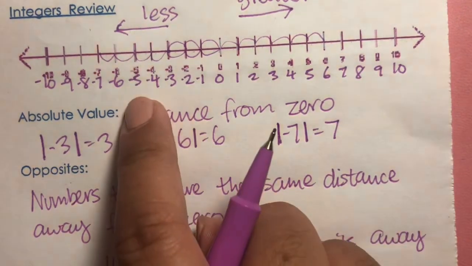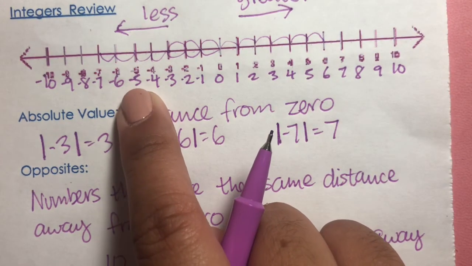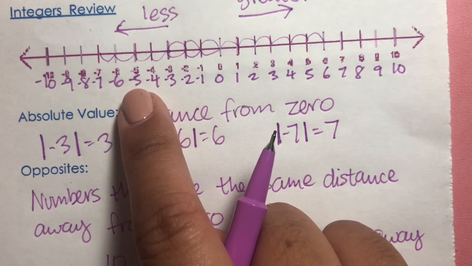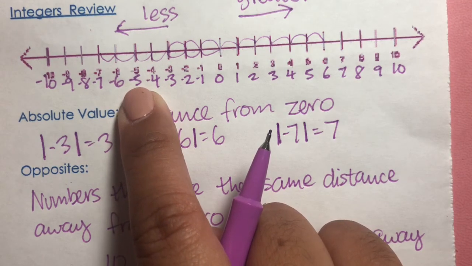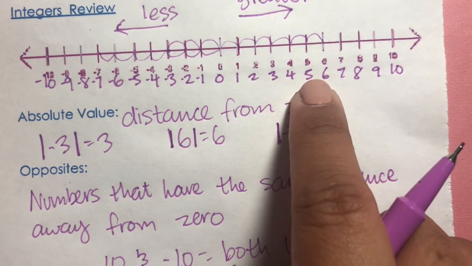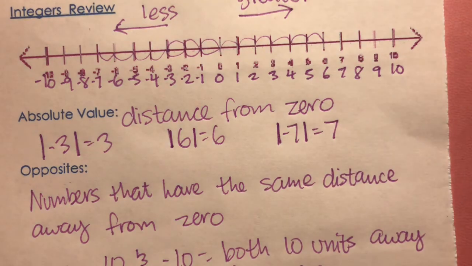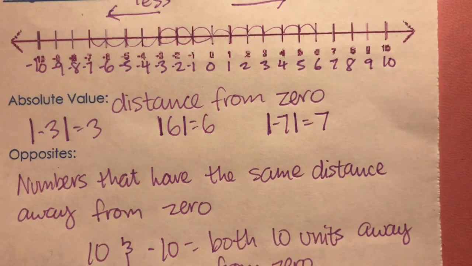So let's say we have, what is the opposite of -5? Okay, -5 is 5 units away from 0. So we need to know what other number is 5 units away from 0. Positive 5. They both have the same distance away from 0. So that's opposites. It's really easy to remember if you just think, if it's a negative number, what is the positive version of that number?